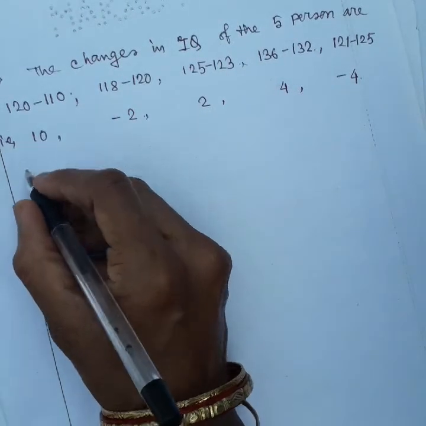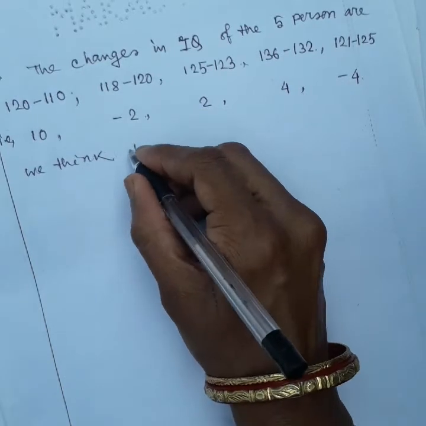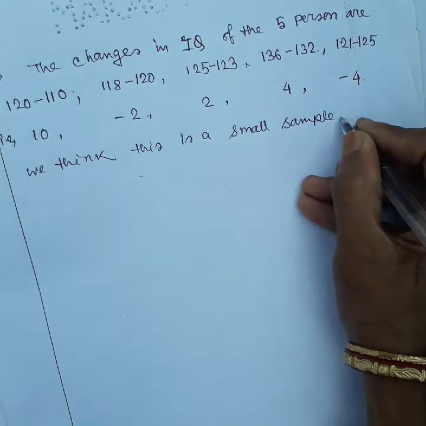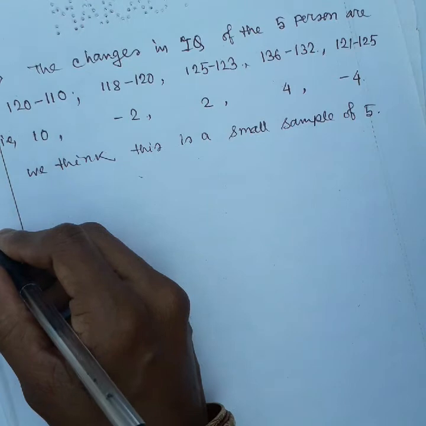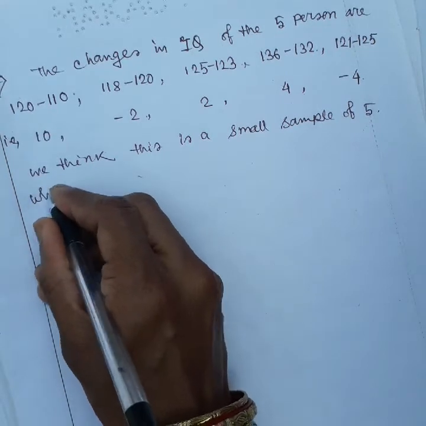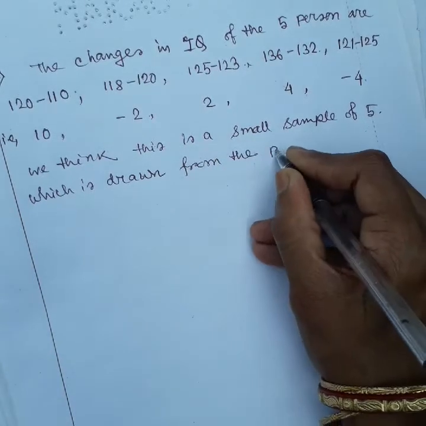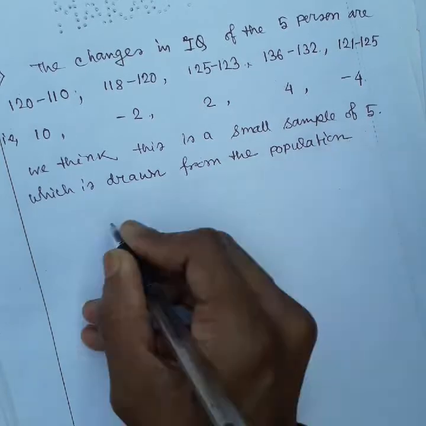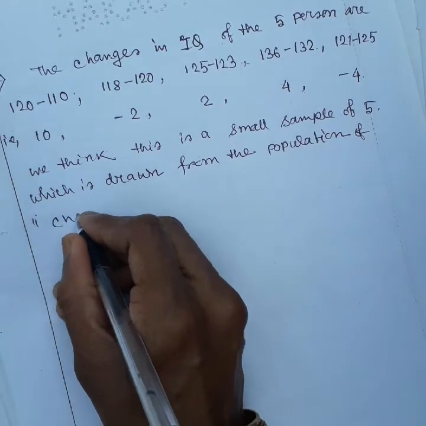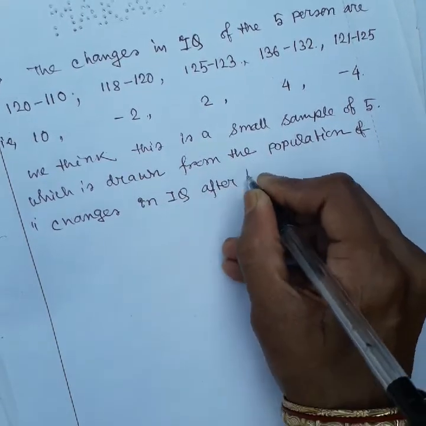Okay, so we think this is a small sample of size 5, which is drawn from the population of changes in IQ after training.